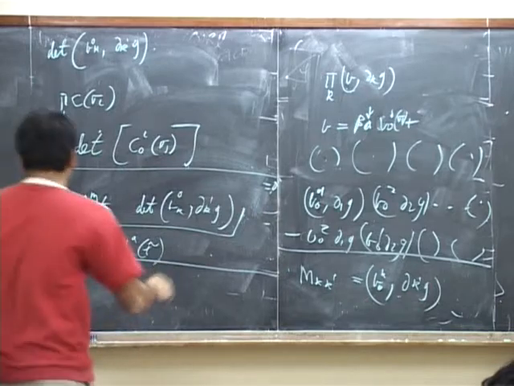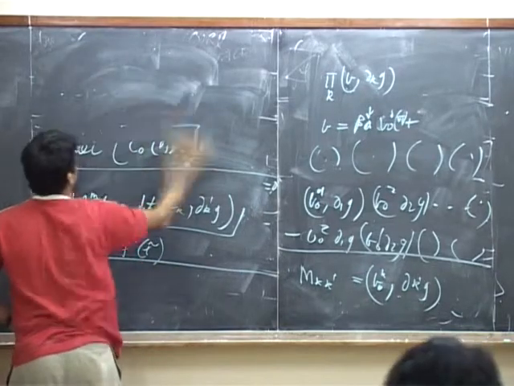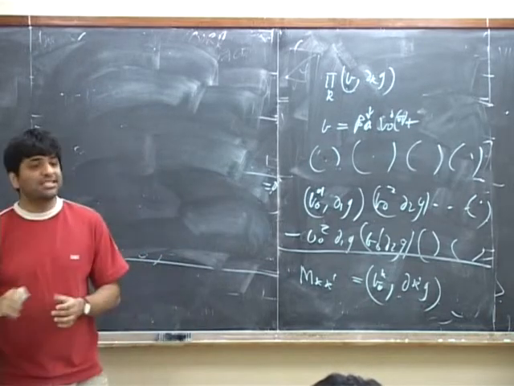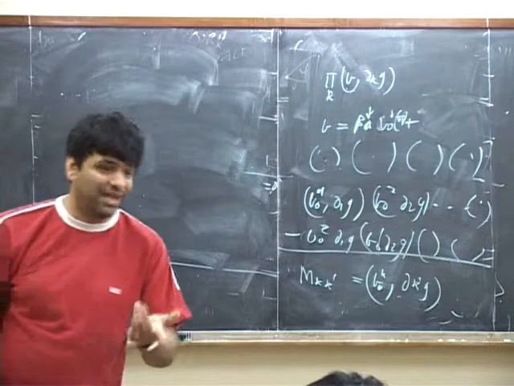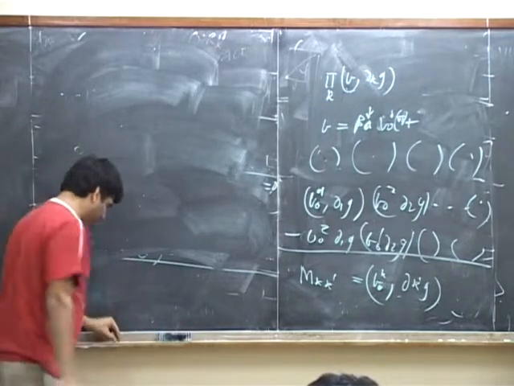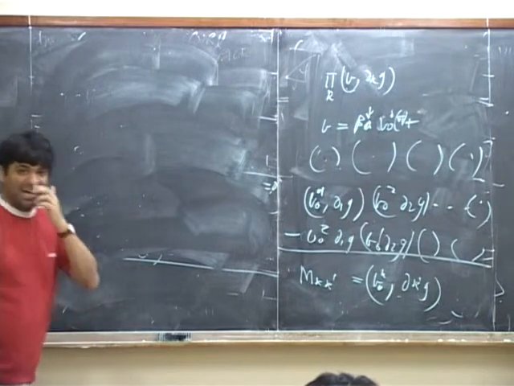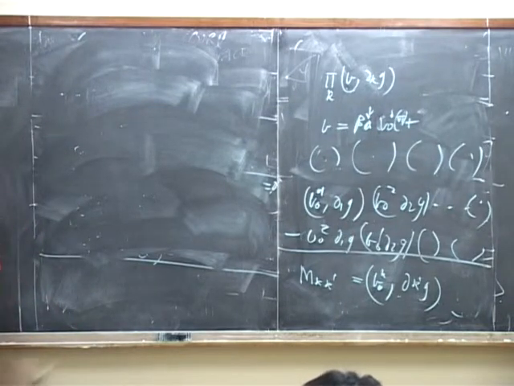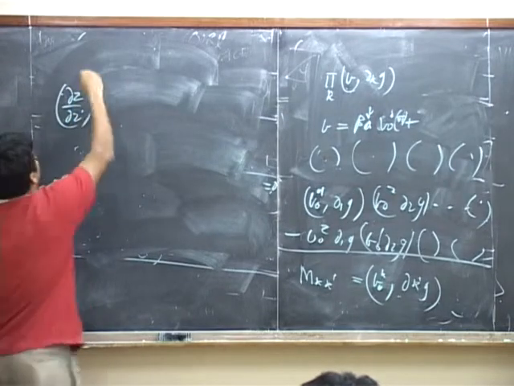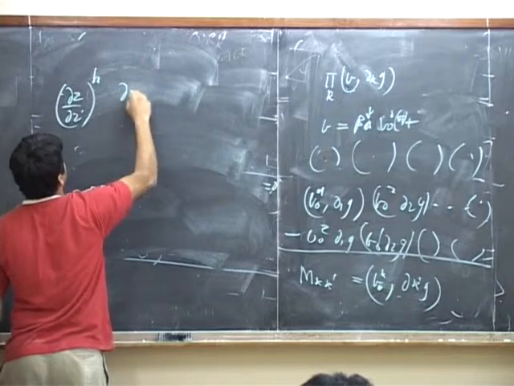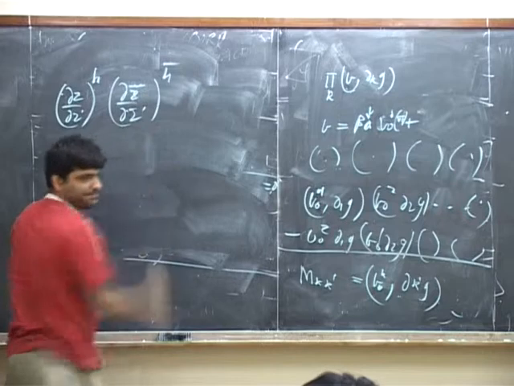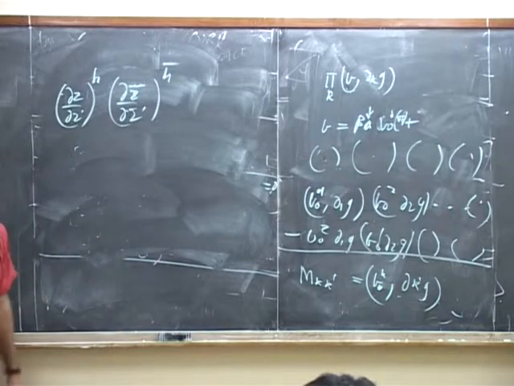Let's say this formula like this. You remember when we were discussing conformal field theory long ago, we discussed the transformations of primary operators under conformal transformations. And we said that if an operator has weight h, h bar, then the transformation has the power h of del z by del z prime, and h bar of del z bar by del z bar prime. This is the factor of transformation.